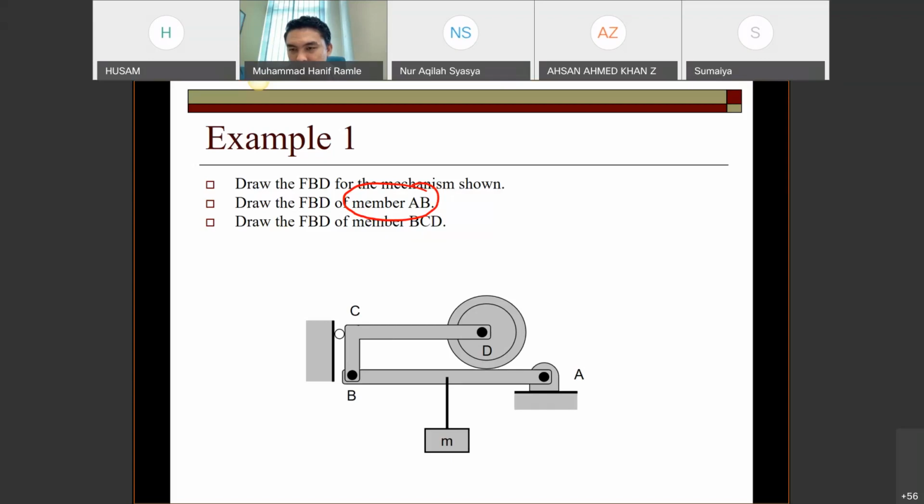Are you there or not? Respond. Identify the force members. Yes, but I'm asking Intan right now. Intan, are you with me? Are you still in the class?